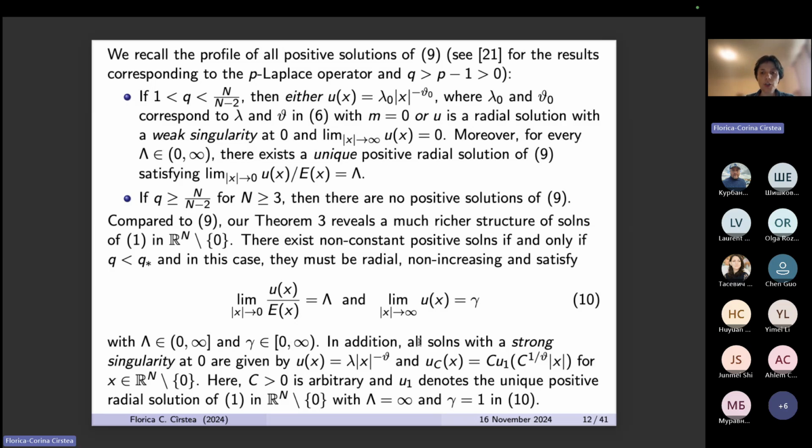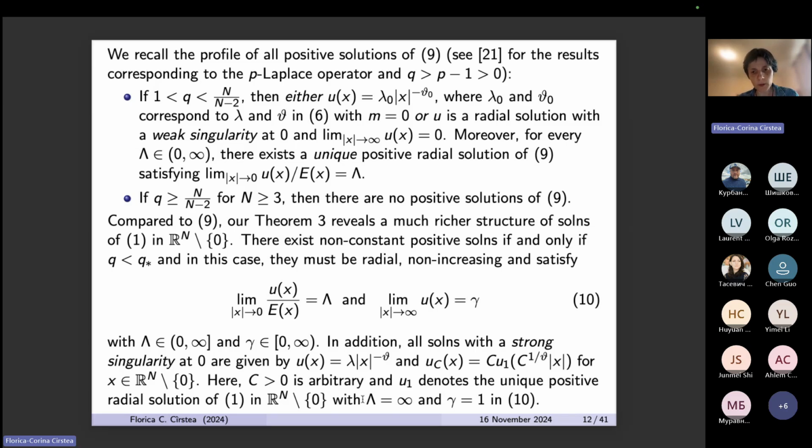And in addition, all solutions which have a strong singularity at 0 are given by the following. If you take gamma equal to 0 in relation 10, there is only one solution in the entire space with a strong singularity, the one that we call u0 in the power form. And the others that correspond to gamma being positive will be of this form, u index c, c u1 times c squared, that is the transformation, c1 over theta, modulus of x for x in Rn minus 0. c is arbitrary, and u1 denotes the unique positive radial solution in which you take gamma equal 1 in the right-hand side.